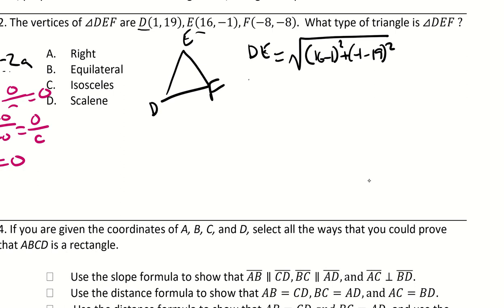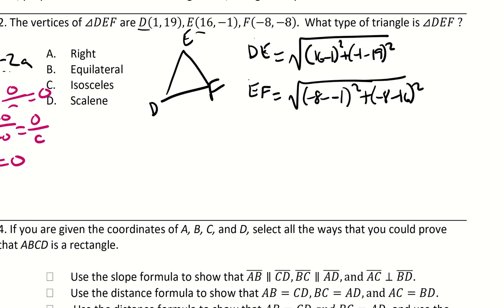And then next we'll do EF. Square root. Subtract the y coordinates, negative 8 minus negative 1 squared plus negative 8 minus 16 squared. And then finally we'll do FD.